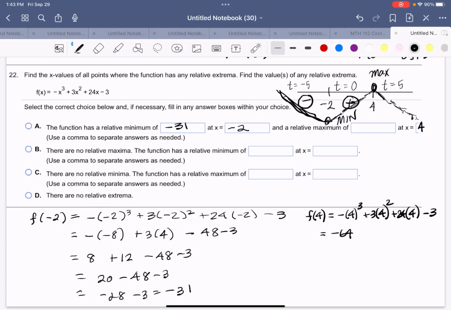So negative 64 plus 3 times 16. 24 times 4 is 96. Subtract 3. Negative 64 plus 48 plus 96 minus 3. And I'll just type that in the calculator. Negative 64 plus 48 plus 96 minus 3 is 77. And that's our local maximum.